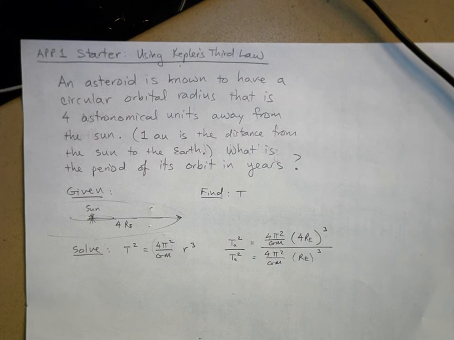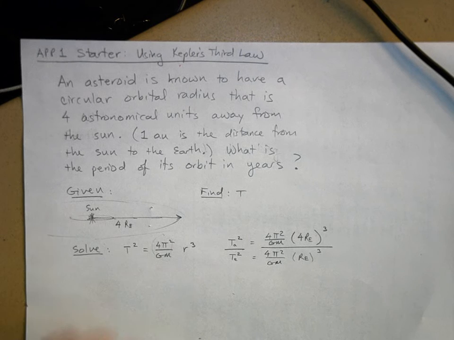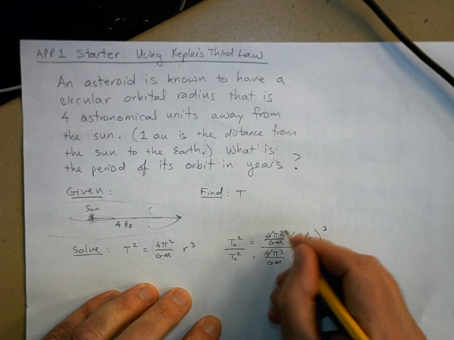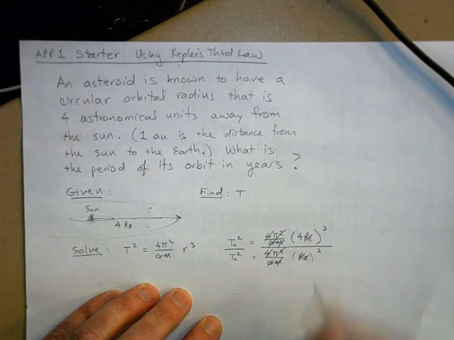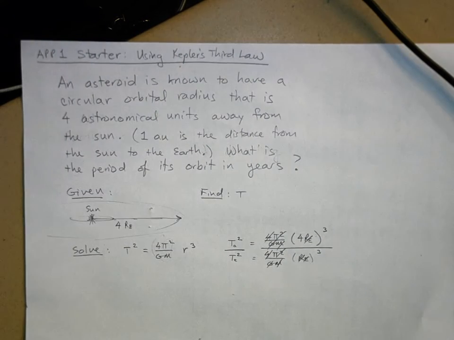All right, so now look, the nice thing about setting up the ratio is, guess what goes away? Almost everything. The 4, the pi squared, the G, the M, even the radius of the Earth's orbit goes away. Everything cancels out. Awesome.